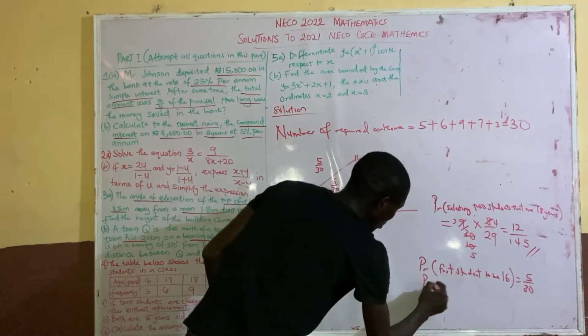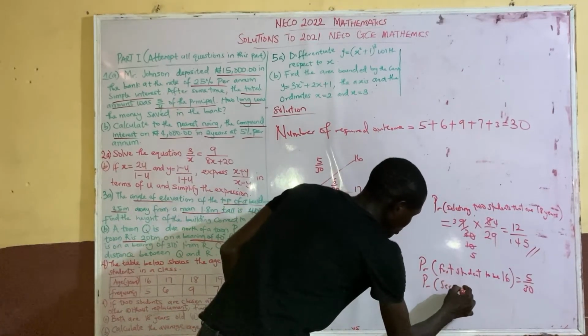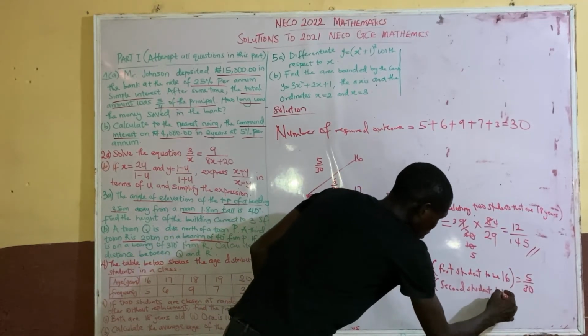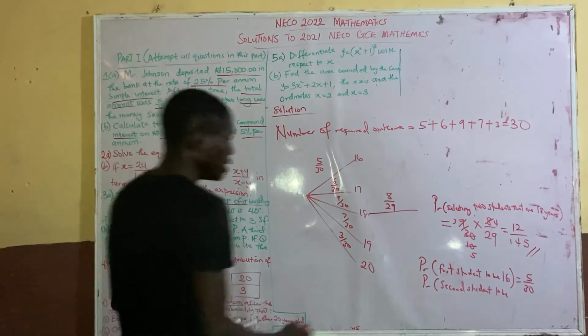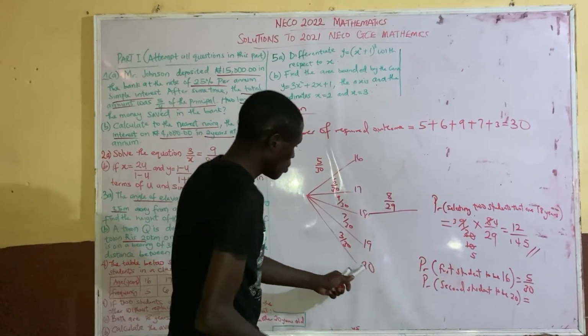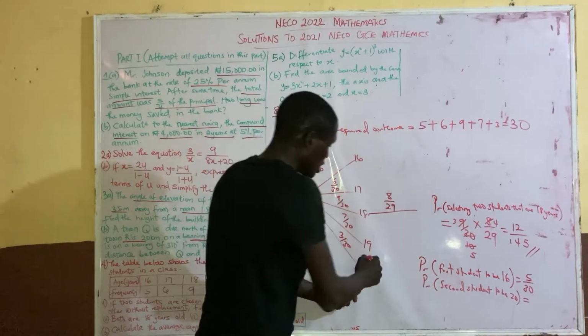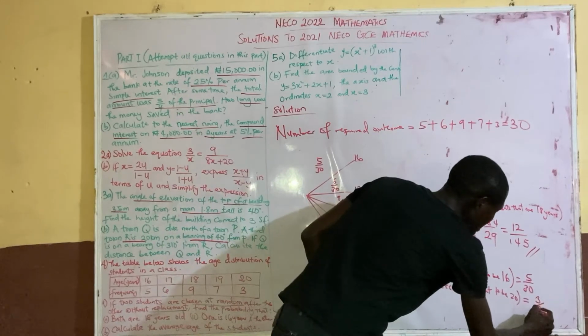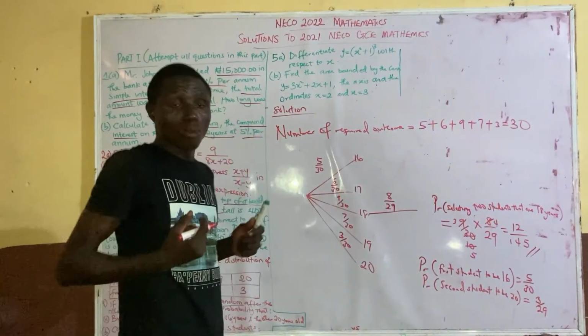The probability of the second selection to be 20, without replacement, will be 3 over 29, because you have already taken one before.